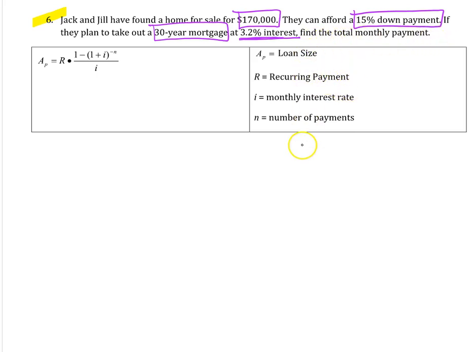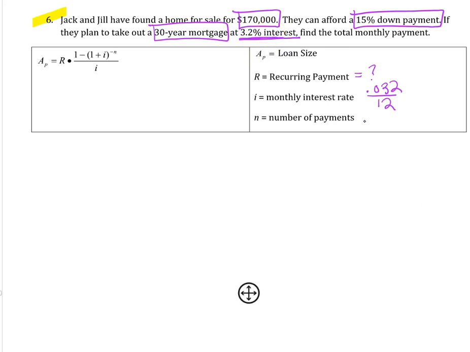So this is the list of things we need to find: the loan size, the recurring payment, the monthly interest rate, and the number of payments. The recurring payment is what we don't know. The monthly interest rate is the percent that they give you as a decimal divided by 12, because this is an annual rate.